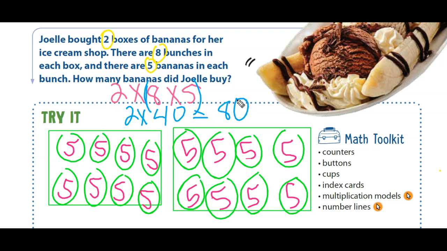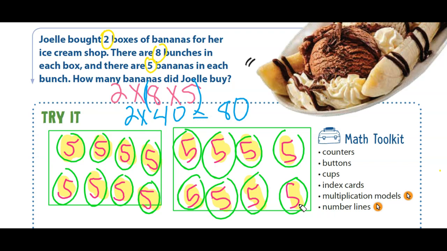And you're right. To double check that, I can count by 5s. 5, 10, 15, 20, 25, 30, 35, 40, 45, 50, 55, 60, 65, 70, 75, 80.